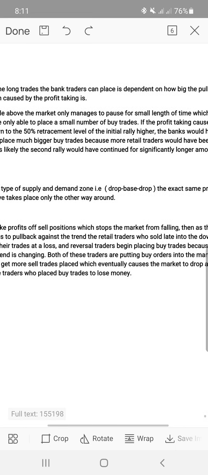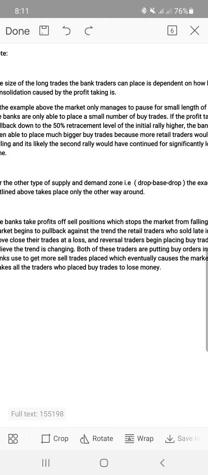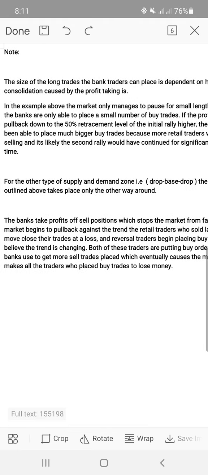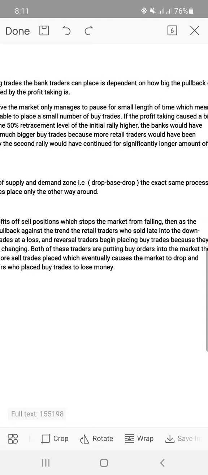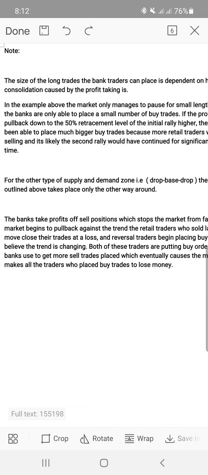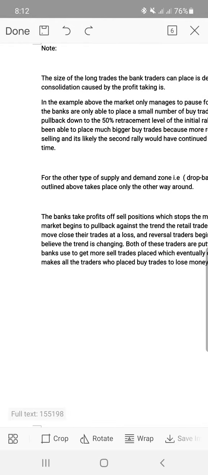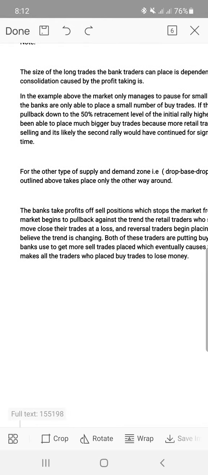And reversal traders begin placing buy orders because they believe the trend is changing. Both of these traders are putting buy orders into the market. The banks use this to get more sell trades placed, which eventually causes the market to drop and makes all the traders who placed buy trades lose money.